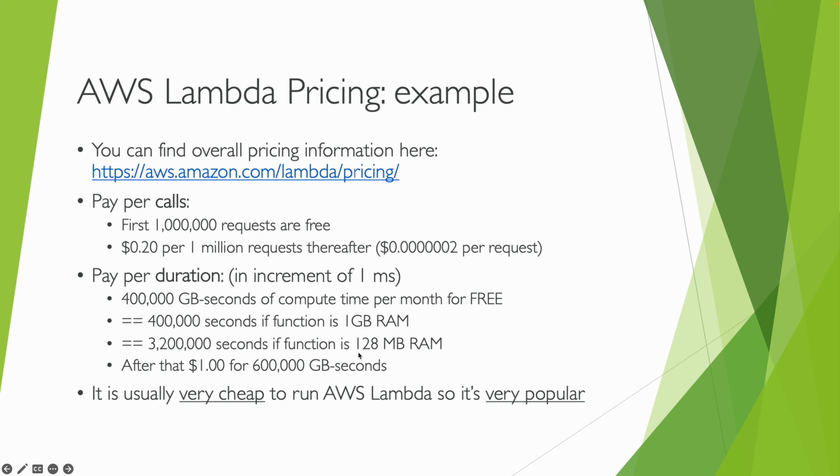If you can reduce the RAM to 128 MB, then you will get that many more seconds of function. If you increase the RAM, the seconds may decrease. So based on the compute size, this will be defined.